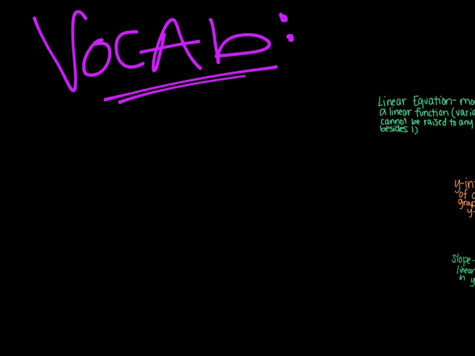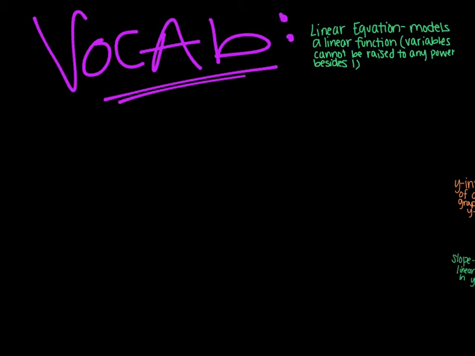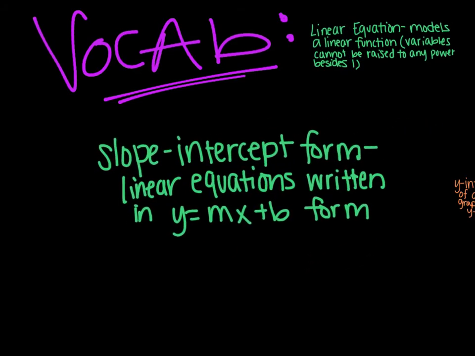They're not raised to any power. So linear equations are what are used to make slope-intercept form. Slope-intercept form are linear equations written in y equals mx plus b form.